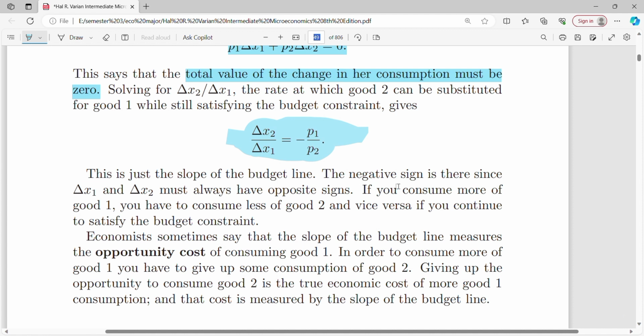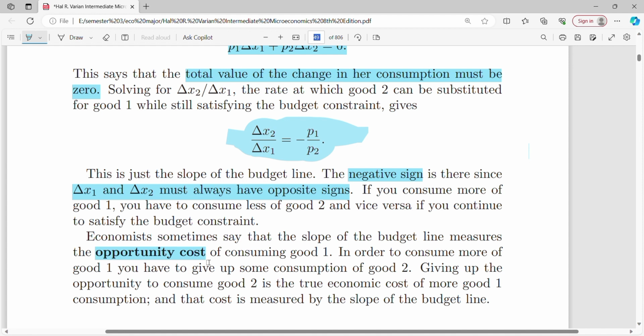Next, the negative sign. So why does the slope have a negative sign? Because delta X1 and delta X2 must always have opposite signs. Right. If we gain one, we need to sacrifice the other. This simply denotes the opportunity cost. If we are gaining one, definitely we need to sacrifice some of the other good.